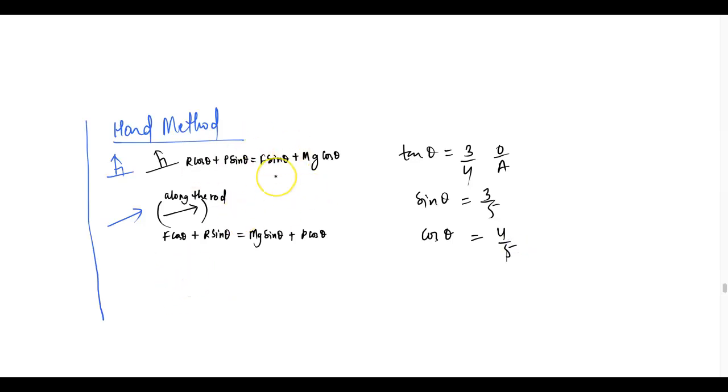Out of these two you can substitute the values anywhere and get the answer. We have to find out mu there. So we know that F equals mu R. If you know F and R, you divide them and find the value of mu. This is what we have to find out.